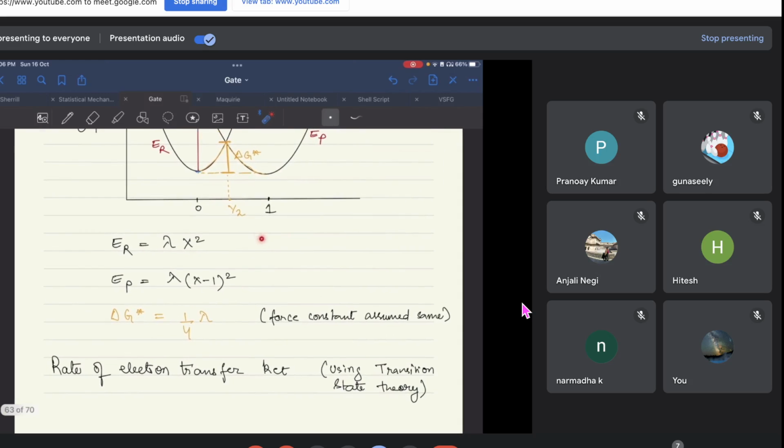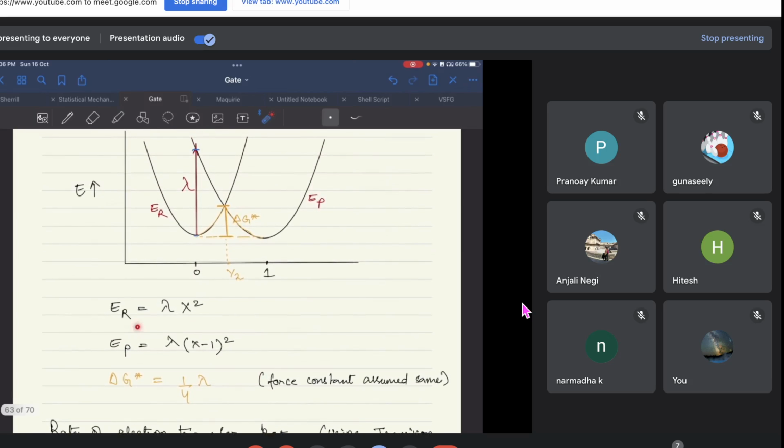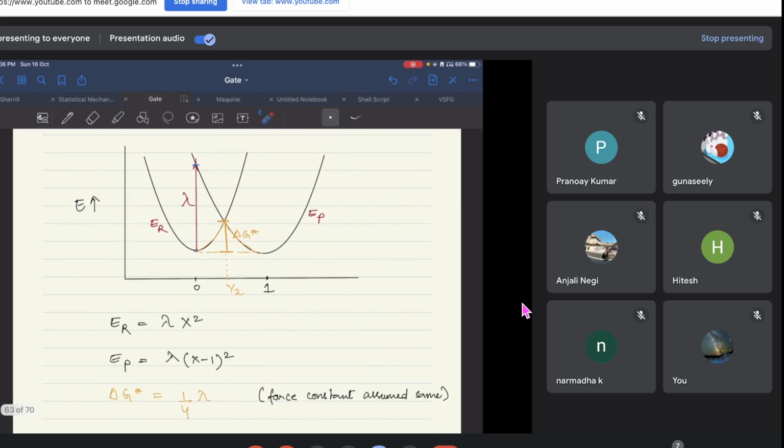This is something which is not necessary for our problem, but you can just discuss that the E_R for the reactant, optically, you can write as lambda x square, where this is x, and E_P for the product is lambda (x minus 1) square.